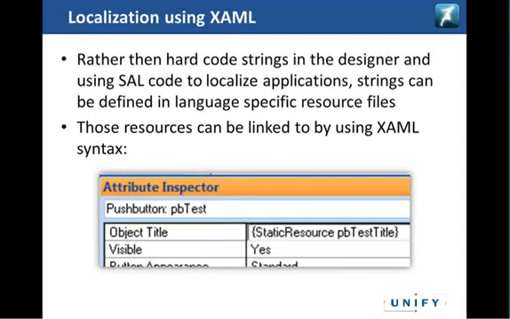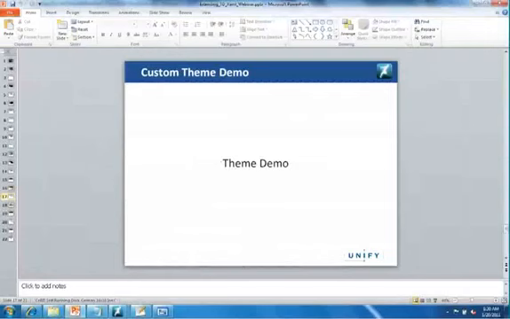You'll see that there's an open curly bracket there, and I said static resource, and then go ahead and pull in the value for PB test title. Using this approach, if I compile against a resource file that has English translations, the button will show the English value. I can then compile against a resource file that might have German or Spanish translation, and it'll pull in that value. So let me show you a quick demonstration of that.